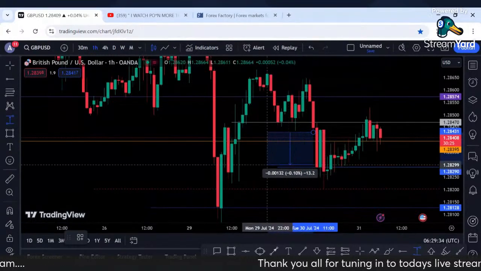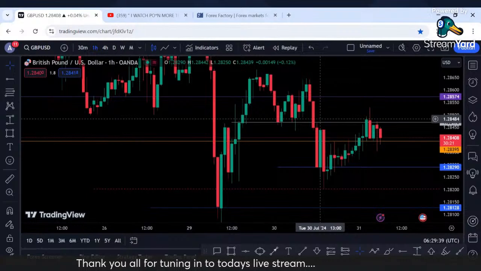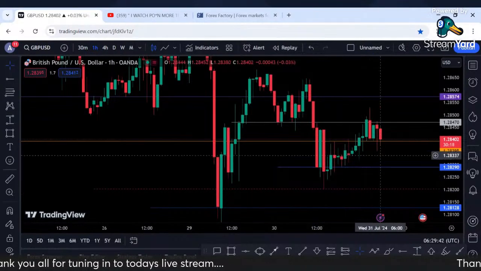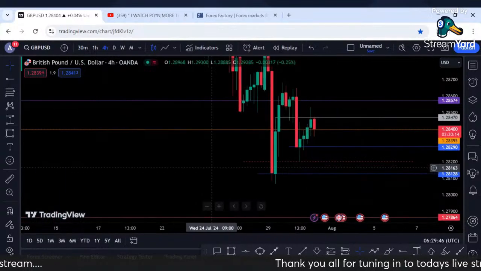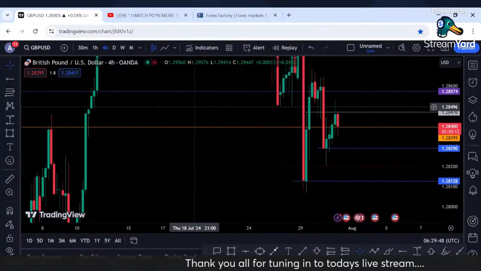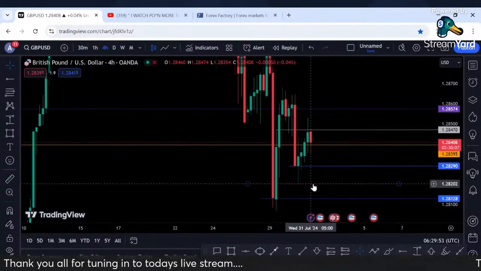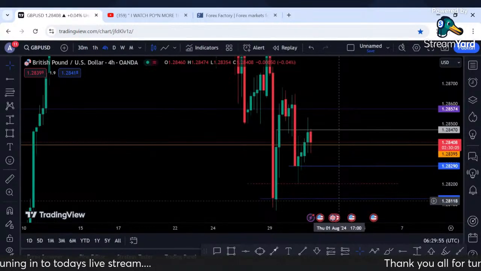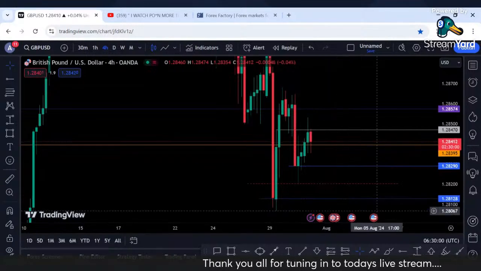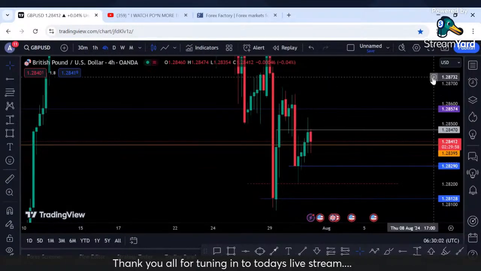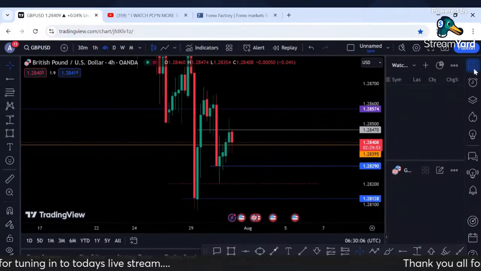I didn't take it. I was thinking maybe it would do a break and retest, then this morning you could have gotten a sell entry. But I just thought the market is not giving us something better this week. So I'm patiently waiting for the right time to come. That's how trading works. Even if you are not getting a setup, you still come to the market. You perform your duty. If there's no opportunity for you, you go, and the next day you come. That's how it works.